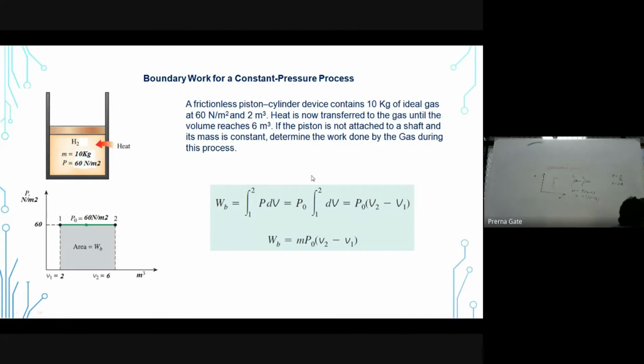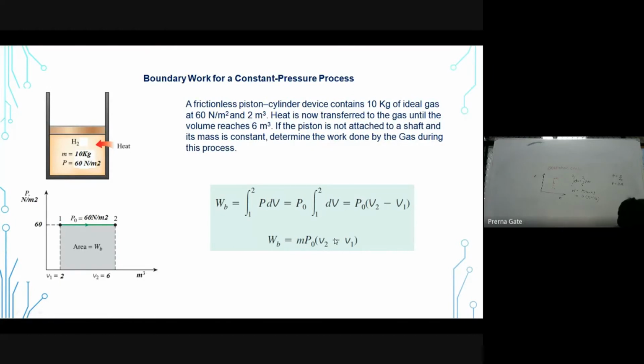So the equation to calculate the work done for a constant pressure process is P (V2 minus V1), and in terms of specific volume it can be further illustrated as this. You have seen that when the process is constant volume, the work done is 0, but when the process is constant pressure, we are getting some work.